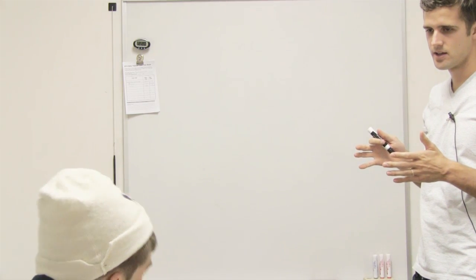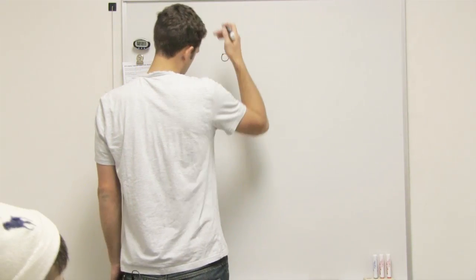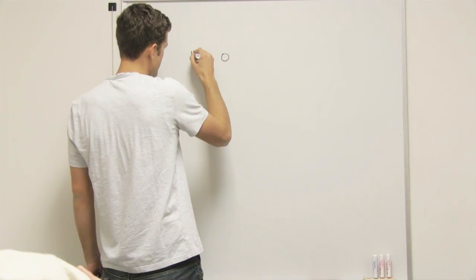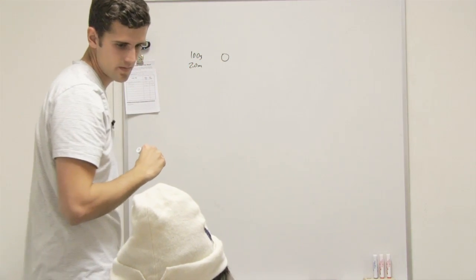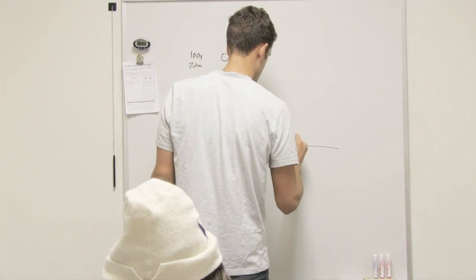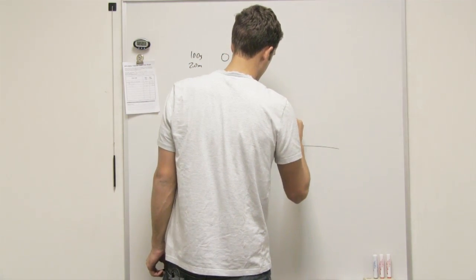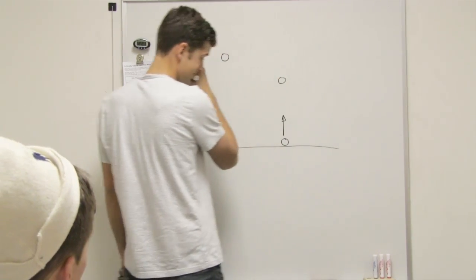So you've got a ball, 100 grams, dropped from 2 meters. It hits the ground, then it bounces back to a certain height over here.